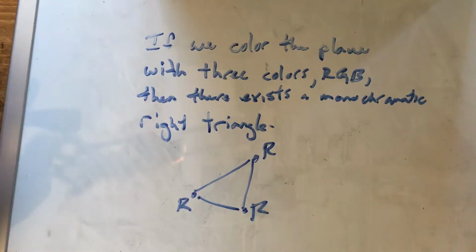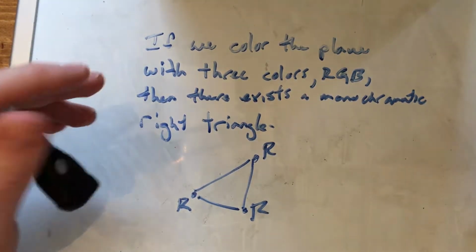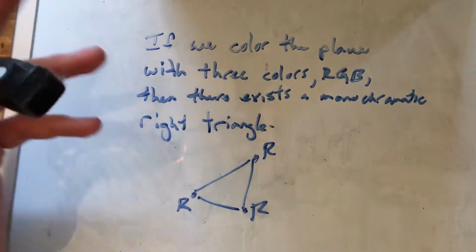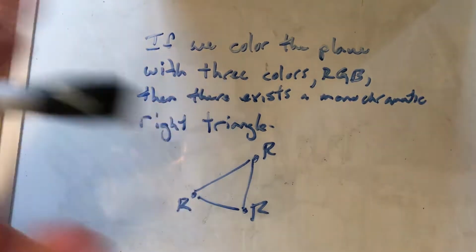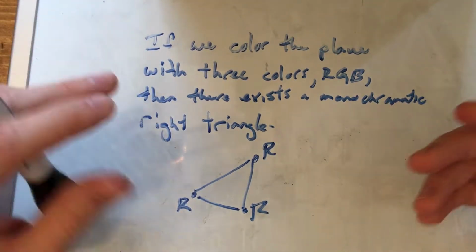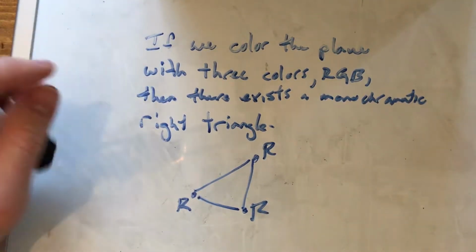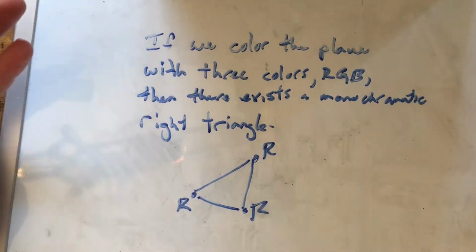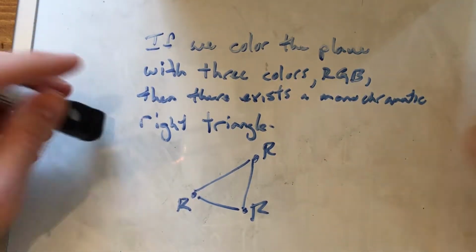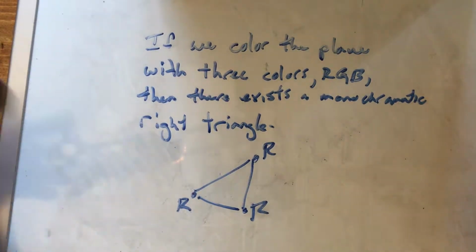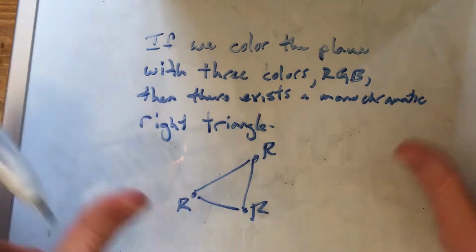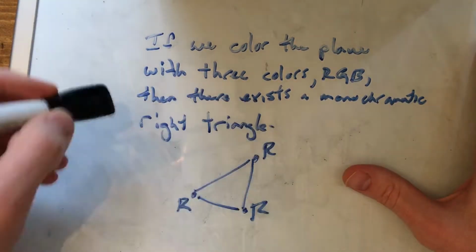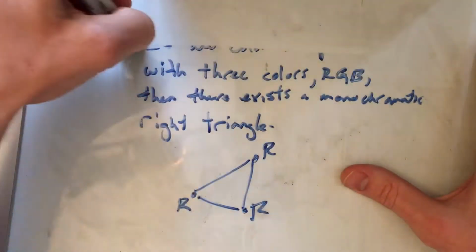Because it could be that we have a plane colored in 3 colors where only 2 points are red and 1 point's green, and then everything else is blue. And then in that case, you could obviously find a monochromatic blue triangle, but you wouldn't be able to find one that's, say, red or green. So we make no guarantees about what the color will be. We just say that it'll be monochromatic. Okay, so let's go ahead and get started.